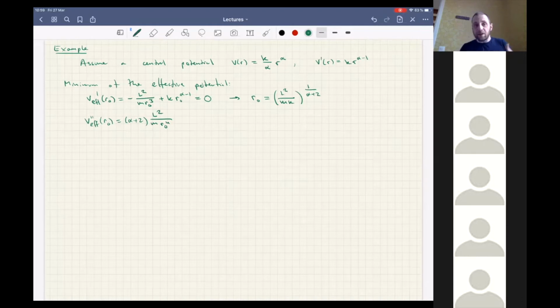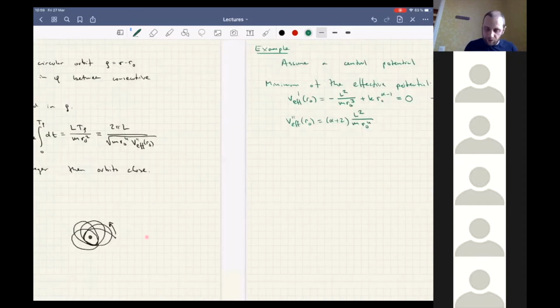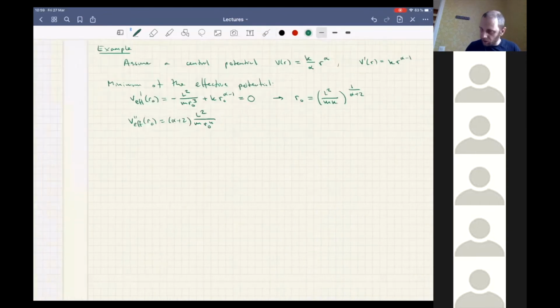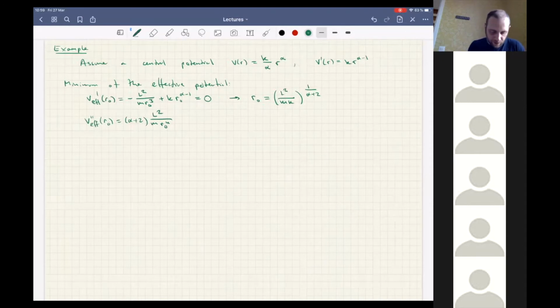Okay, but this we can insert into the expression that we have here. And what we get from that is that this delta phi that we were discussing is, no sorry, it's 2 pi divided by the square root of alpha plus 2. So this means that our orbits are going to close if the square root of alpha plus 2 is an integer.